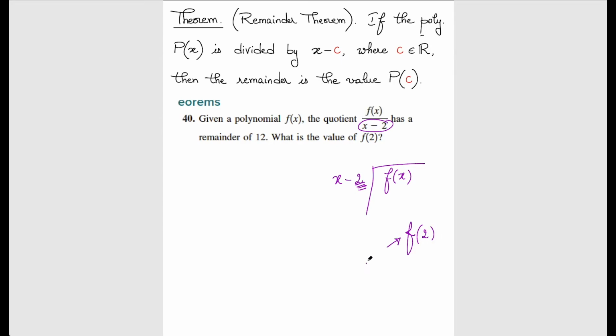That's the remainder. Correct? So that's the remainder by the remainder theorem we just discussed above. And then they're asking us, what's the value of f of 2? Well, f of 2 is the remainder, and if you know what the remainder is, which is 12, then that's f of 2. Correct? So f of 2 is equal to 12. It's a very straightforward application of the theorem.